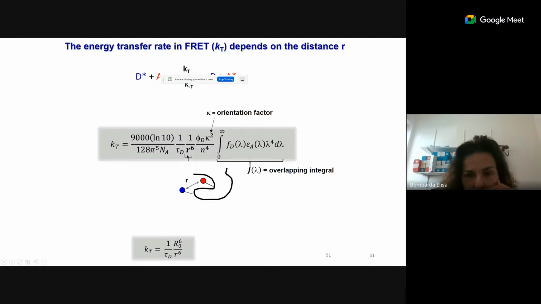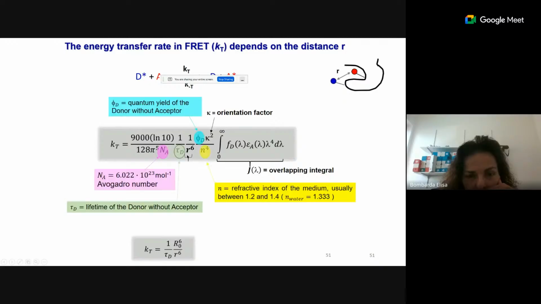Other parameters that play a role are the quantum yield of the donor without acceptor, then the refractive index of the solution, the lifetime of the donor without acceptor, and the Avogadro number.